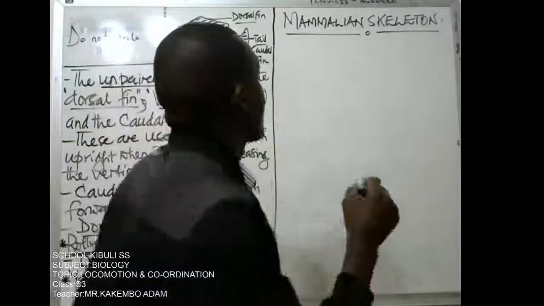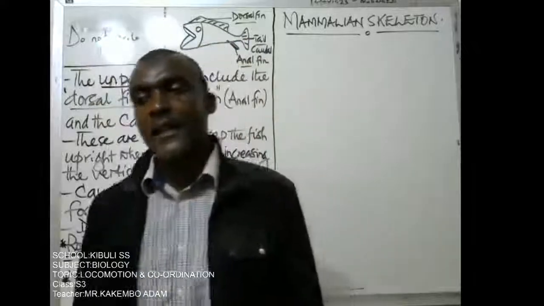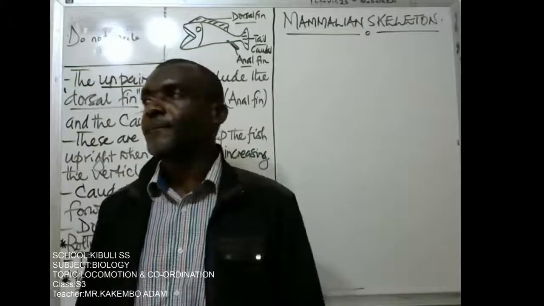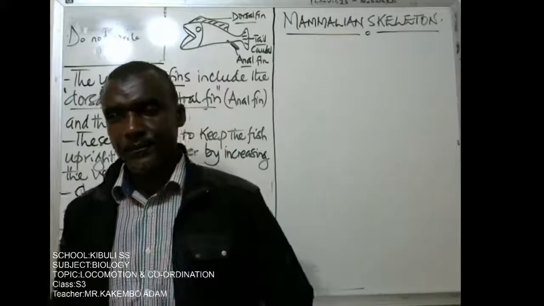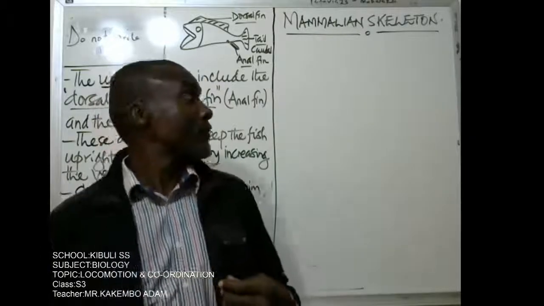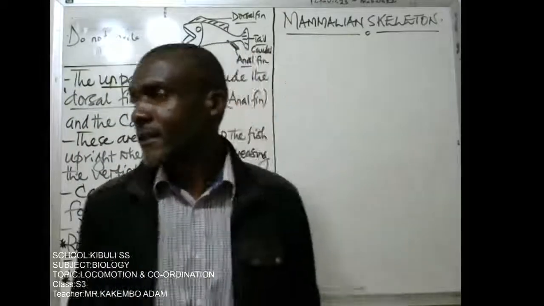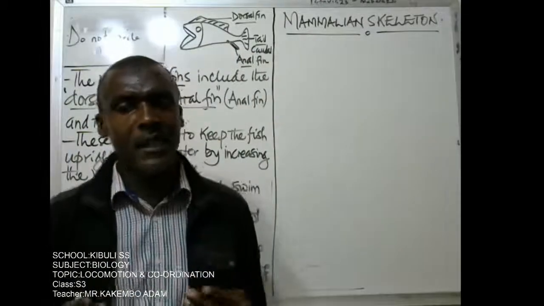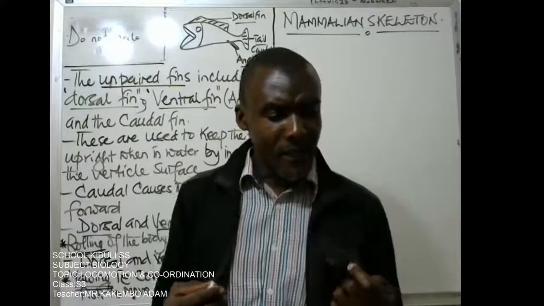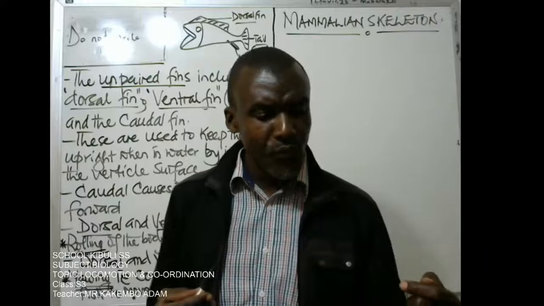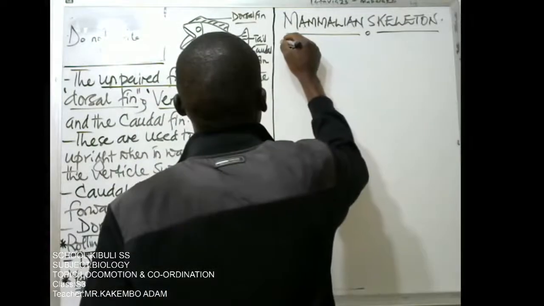Take note of that. The example here, we shall look at man as a representative mammal. Our body is made up of bones, and we can divide our skeleton into two parts.